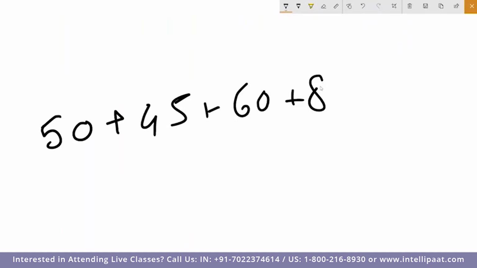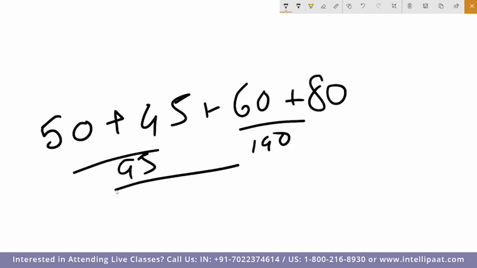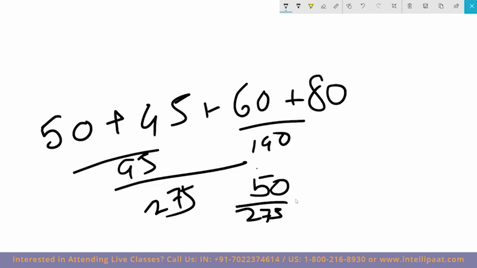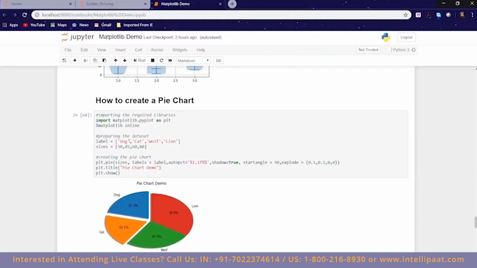So how does it calculate? 50, 45, 60 and 80 sum to 275, so we have a total of 275. Now if you calculate 50 by 275, it is somewhere around 20%, right? 50 is the count of dogs.